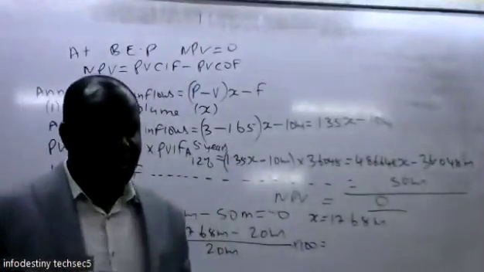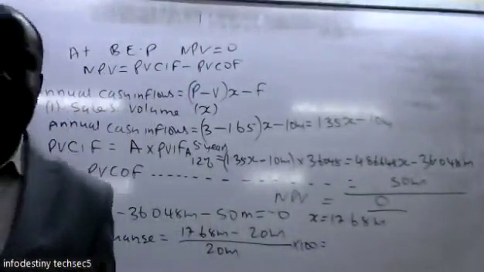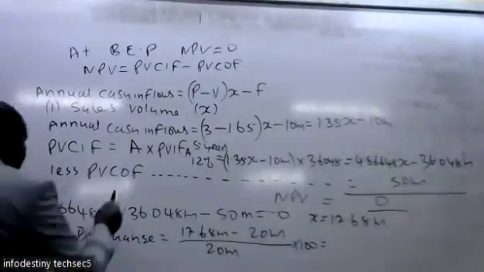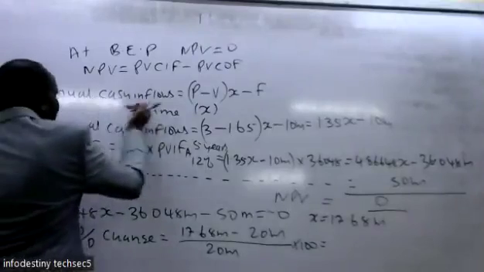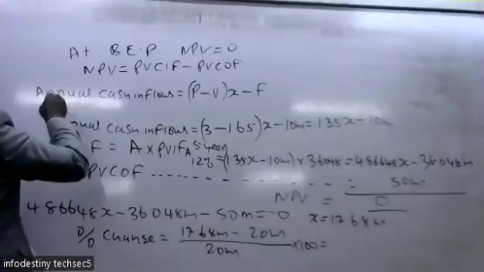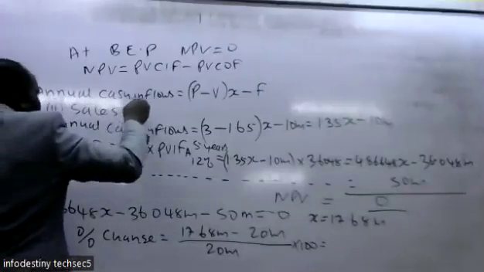So we go to Roman letter 2, which is the selling price. We go back to this point. We are now on the sales price.